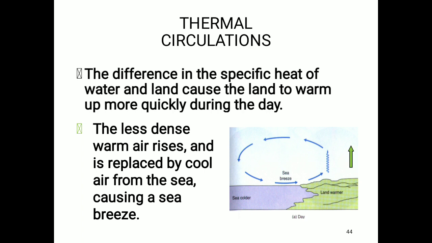The higher temperature of land will go up, and the cooler air from the sea will come and replace this. This will create a sea breeze. This is called a sea breeze, which is normally seen. You can see that the cities which are placed near the sea have average temperatures throughout the year.